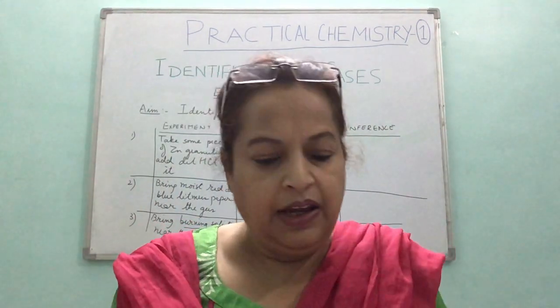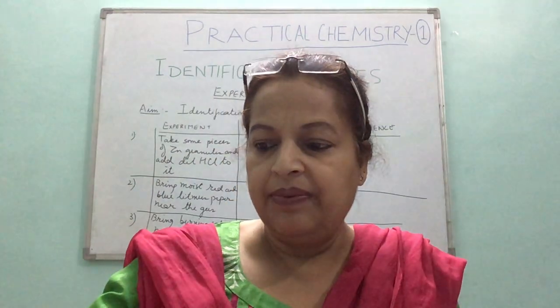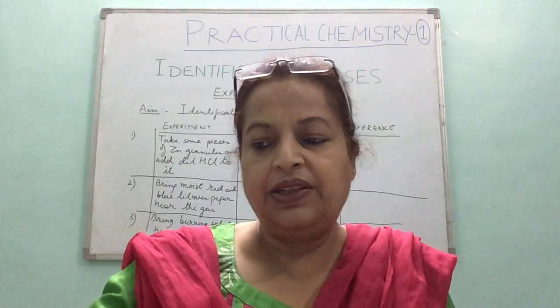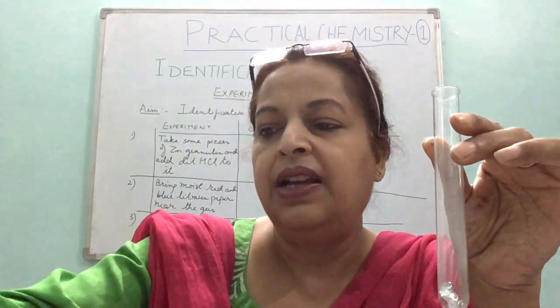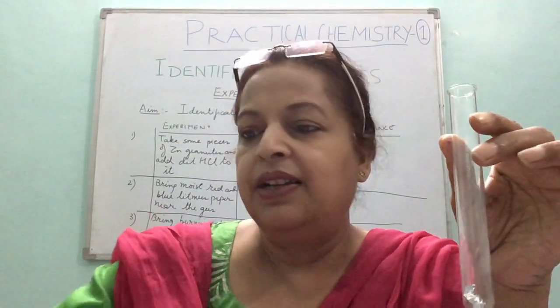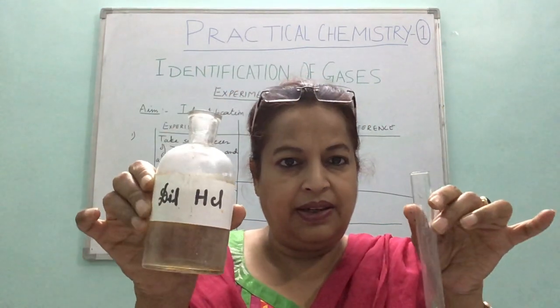Now, we have done types of reactions. Simple displacement reaction: an active metal which is placed above hydrogen in the series, if an acid is added. So which acid am I going to add, children? Dilute HCl.